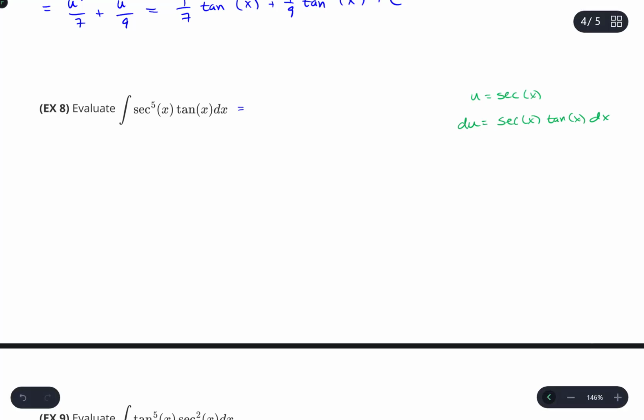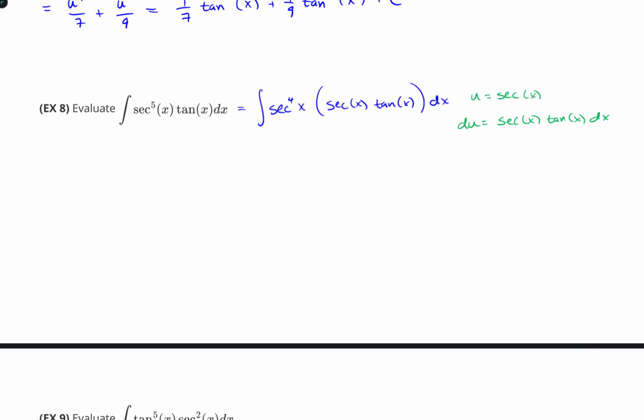Okay, so let's see what happens when I try that. So if I take one of these factors out of secant, then I would have secant to the fourth x times secant x tangent x dx. All right, so I've preserved this for du. That's great.